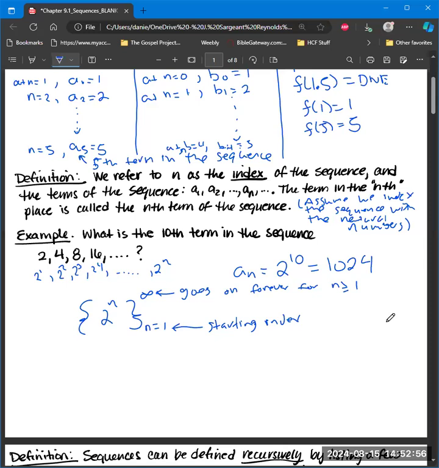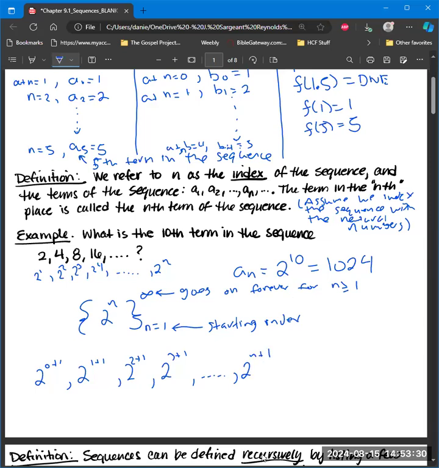If I wanted to re-index this starting at 0 instead to use the whole numbers, then I would have to think about it this way: this first term is 2 to the 0 plus 1, and that's 2 to the 1, then 2 to the 1 plus 1, 2 to the 2 plus 1, 2 to the 3 plus 1, and so on.